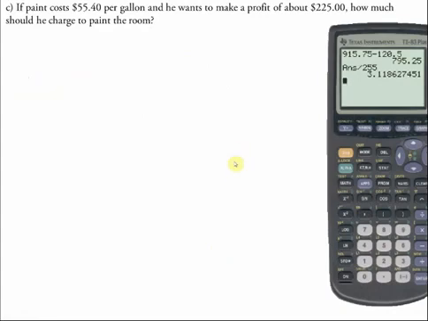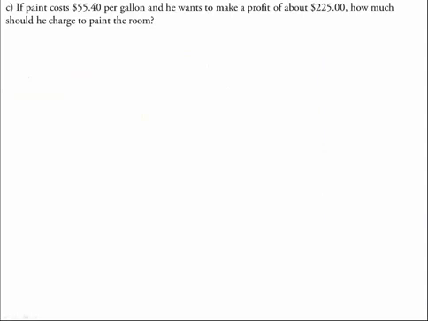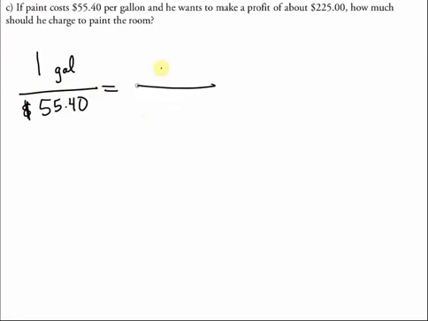Paint costs $55.40 per gallon. I can get rid of this, and we'll use the previous answer from the other one. Okay. Now here's where it gets a little more tricky. Paint costs $55.40 per gallon, so 1 gallon is $55.40. Okay, we're going to need 4. That was in the previous question.